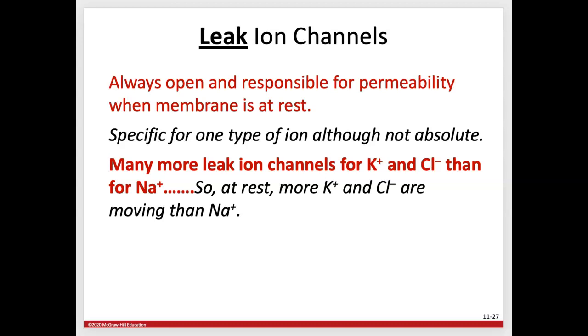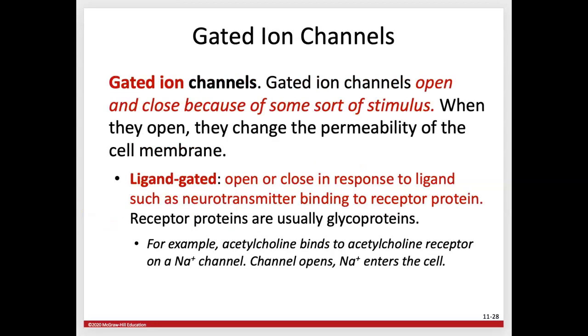Leak channels are specific for one type of ion, for the most part, and there are many more leak channels for potassium and chloride than for sodium. So at rest, when the neuron is polarized and ready to go, there's more potassium and chloride moving than sodium.